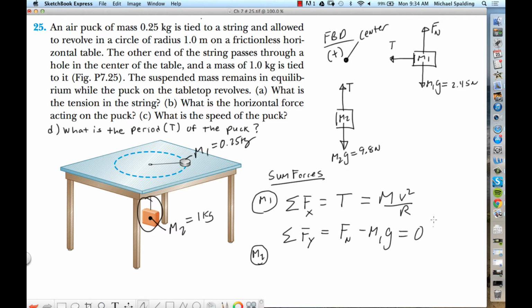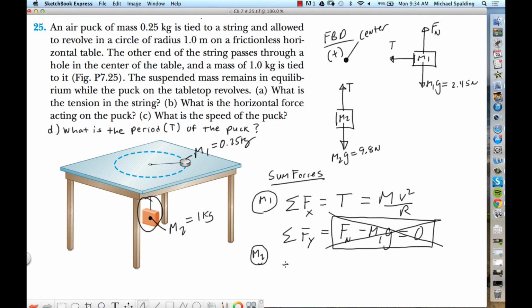Those are going to cancel to 0. What I just wrote is correct, normal force minus m1g equals 0. It's just not going to factor into the solution, though.